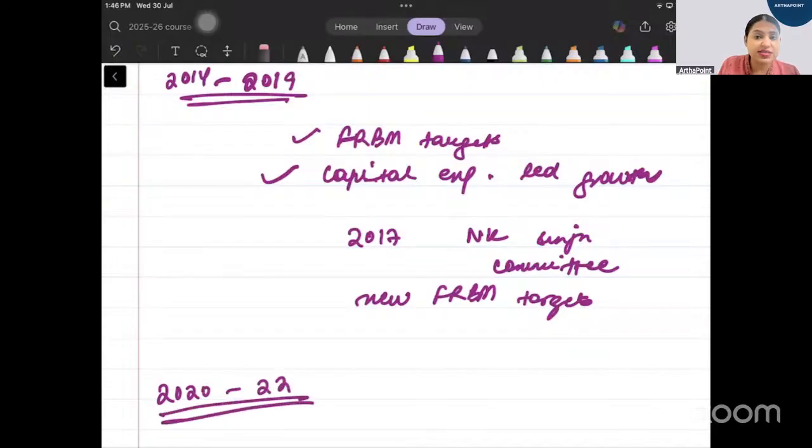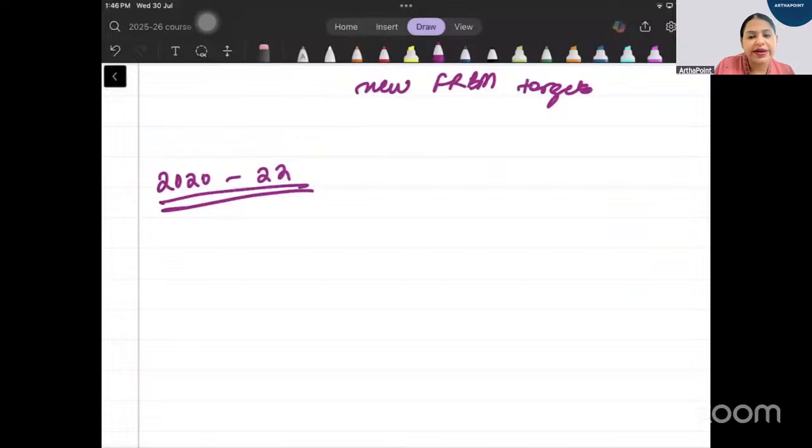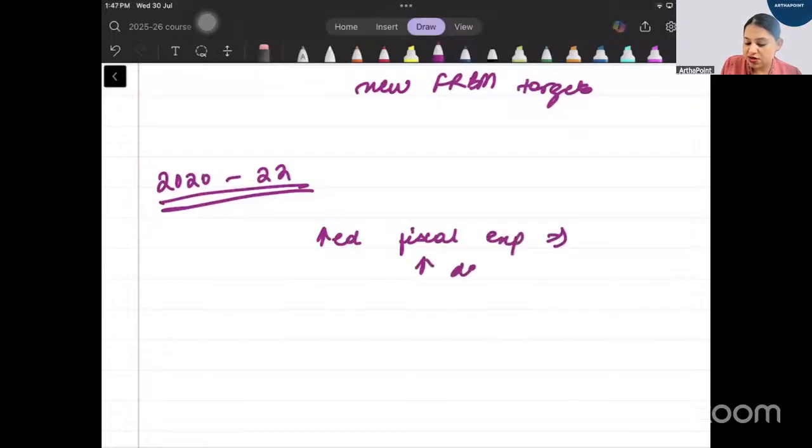And we know that this is the period of COVID-19. Again, whenever there is any financial shock, or any other crisis, and COVID-19 is not even a financial crisis, that is where we see that we need fiscal stimulus. So the government again increased its expenditure, thereby increasing the fiscal deficit.